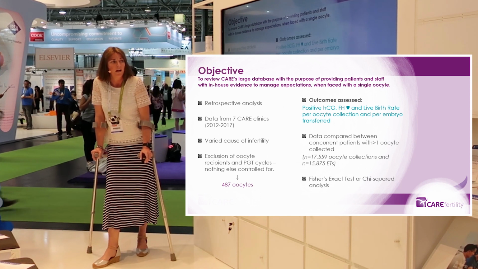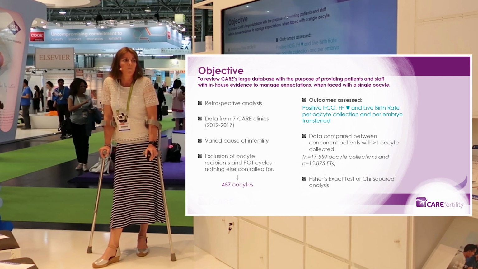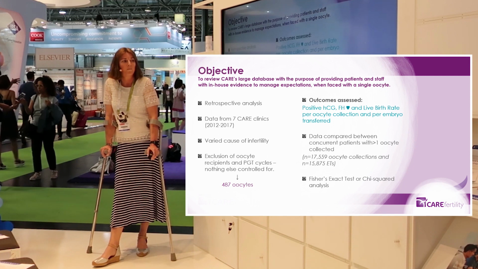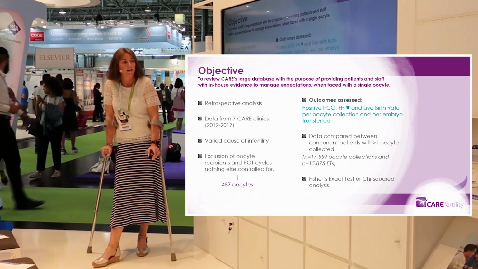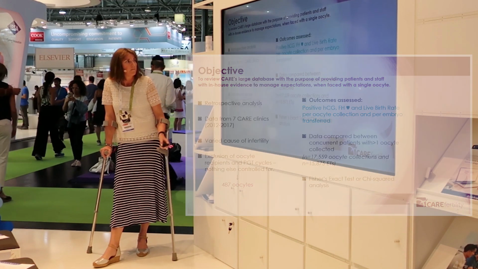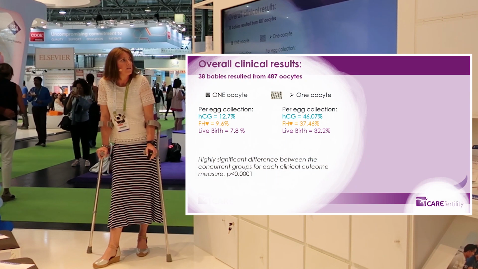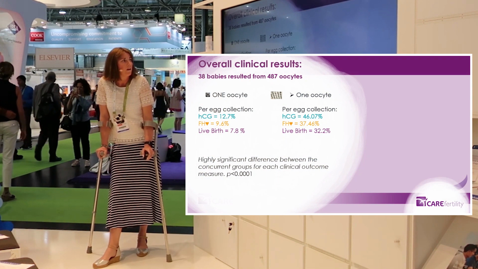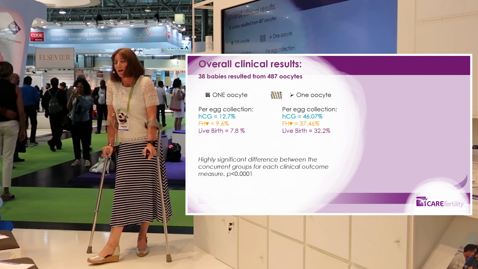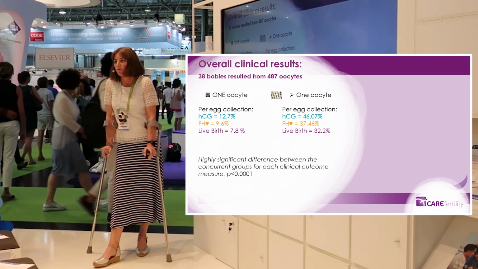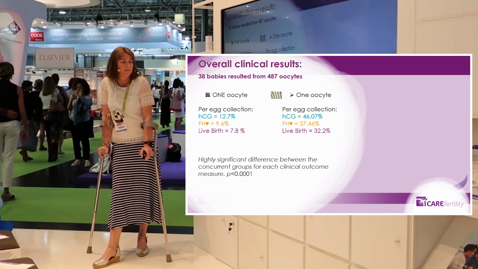We looked at the clinical outcomes, and we compared them to concurrent patients with more than 1 egg collected. There were 38 babies produced from those 487 oocytes.